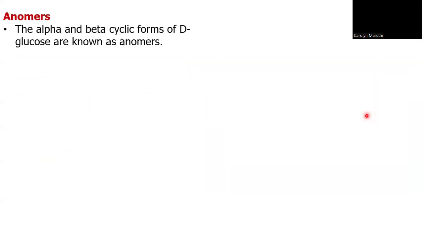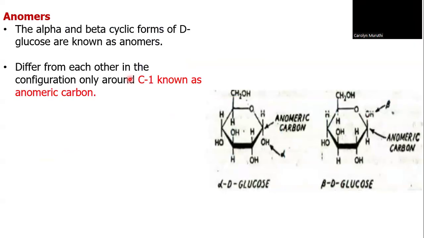Anomers are another form of stereoisomers. Here we see that glucose, in the cyclic forms, can be either alpha or beta, and the two molecules, alpha glucose and beta glucose, differ from each other in configuration around carbon number 1, which is known as the anomeric carbon.